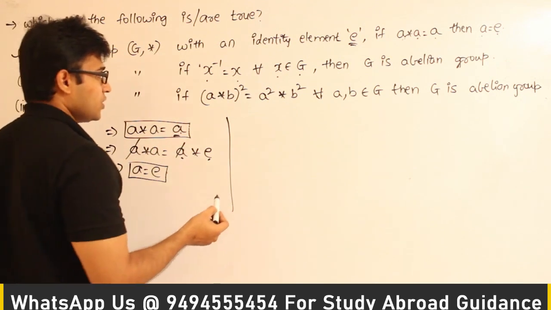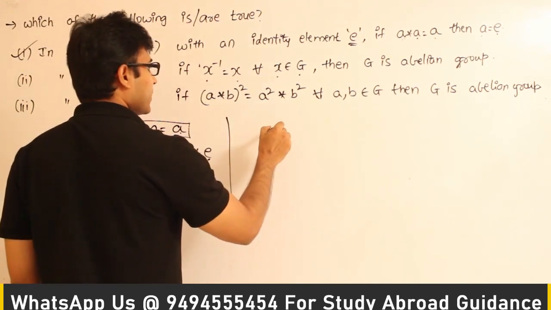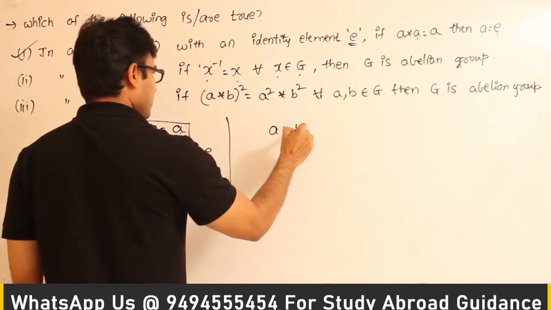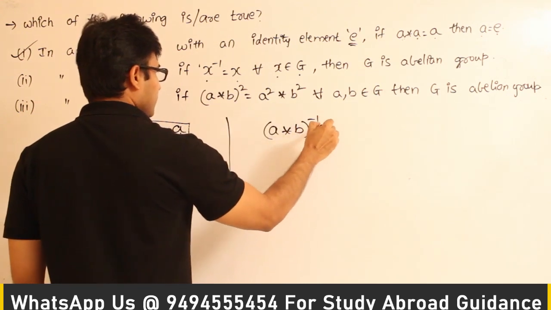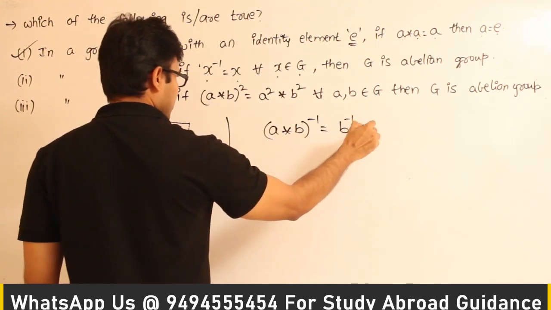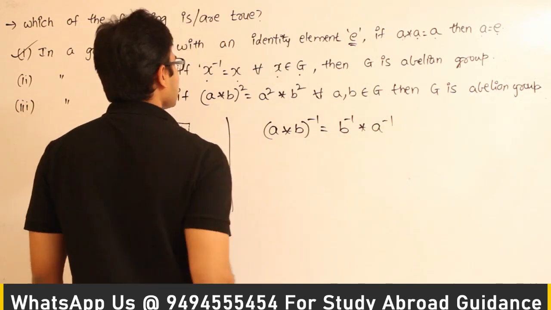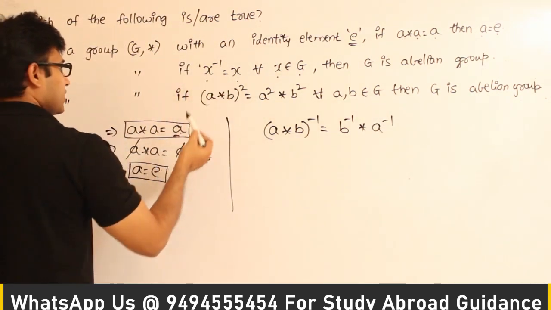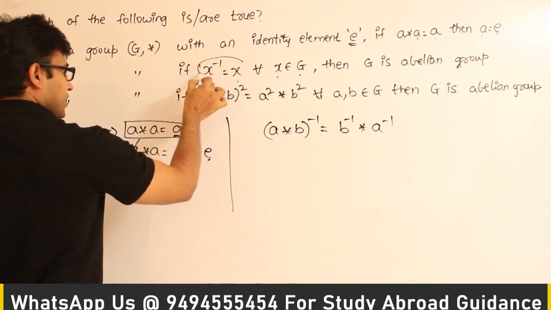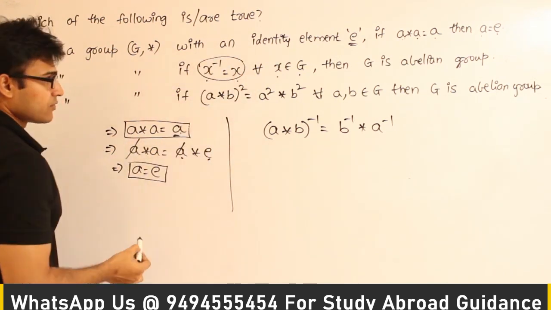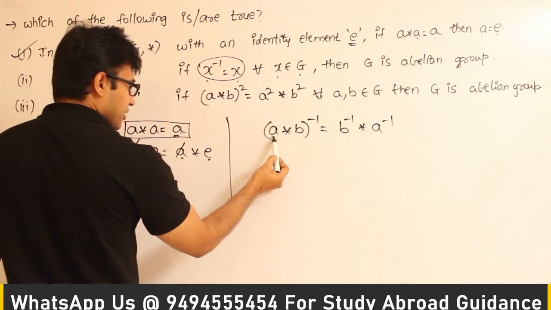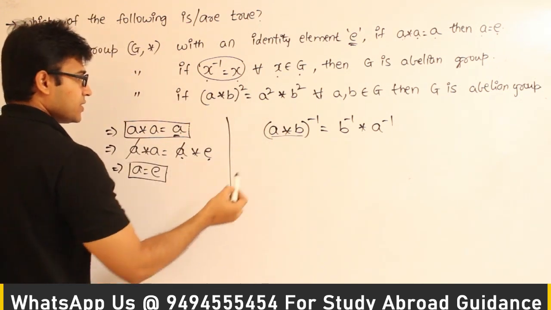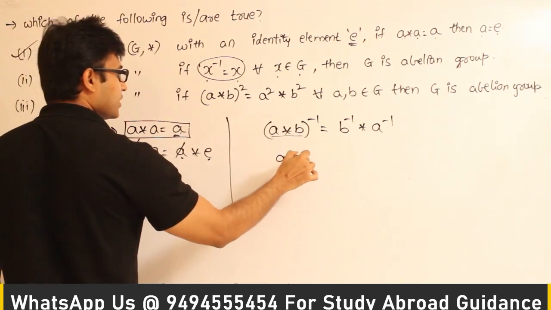Okay, now we know this property: (A star B) inverse is equal to B inverse star A inverse. Now they are saying that in this particular group, the inverse of an element is the element itself, which means the inverse of this particular element A star B is going to be the same. So I am writing the same.